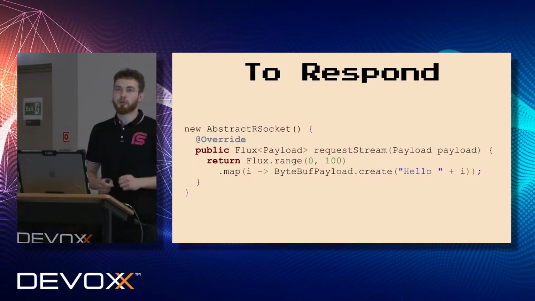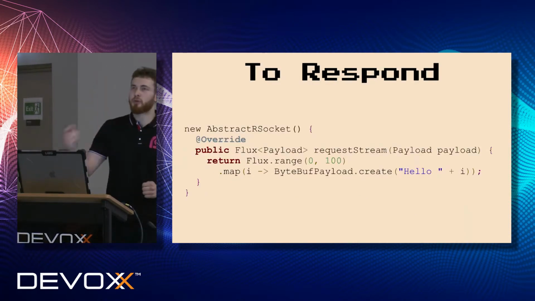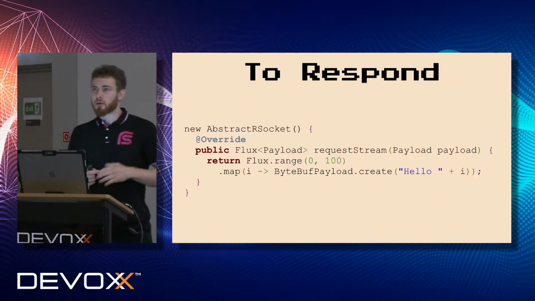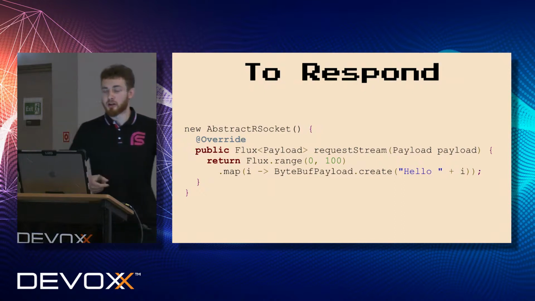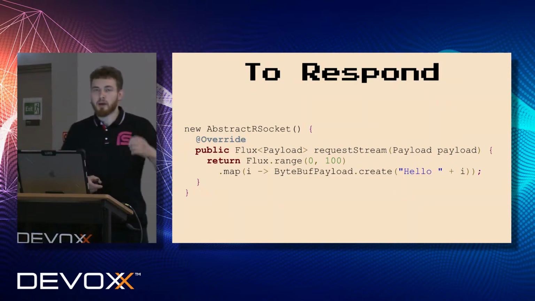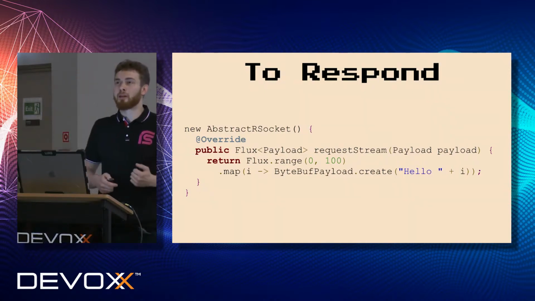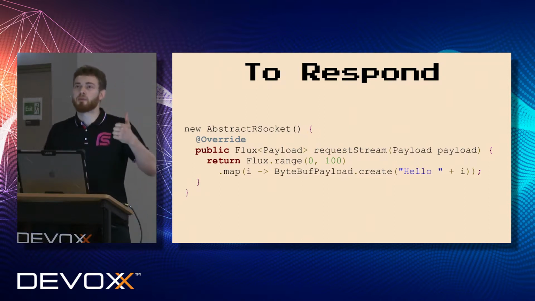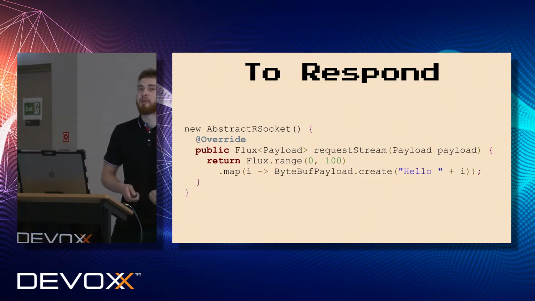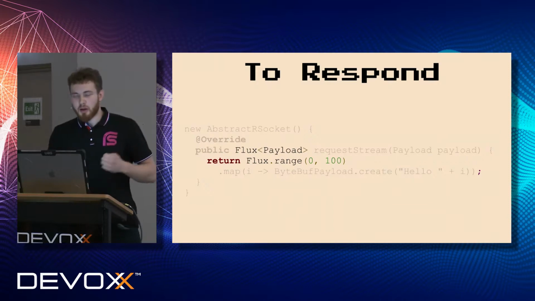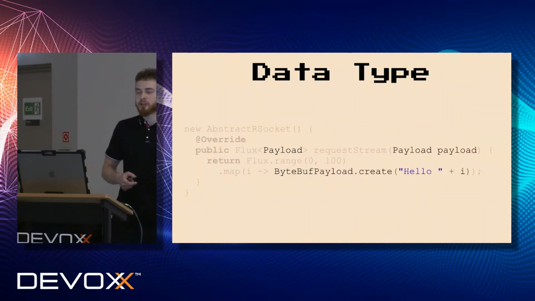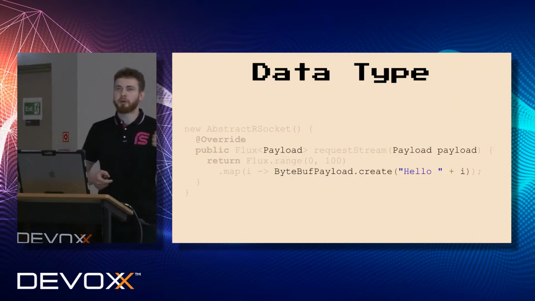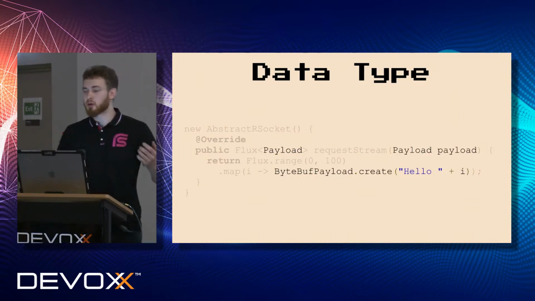What else? For example, to handle a connection and respond to your request, you can create an RSocket. RSocket is the main interface in our RSocket library. This is obvious. And for example, you can override one of the available methods, and you can respond with reactive streams to some request. This is pretty cool, using Project Reactor. The main data type in RSocket is payload, a binary representation of your data, and you can encode whatever you want.